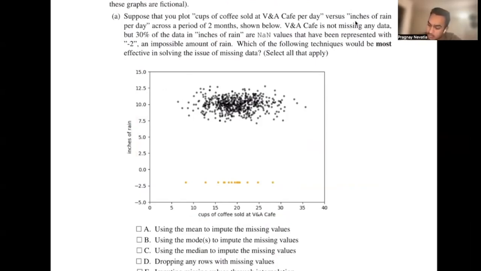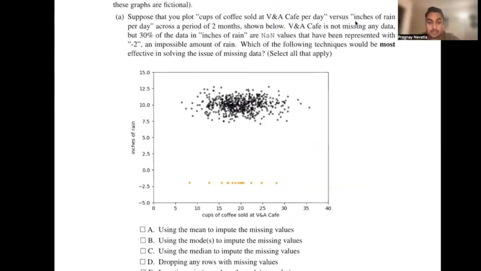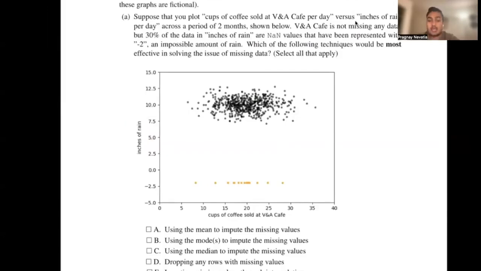The first thing that you should always do here is to create a distribution of the variable that has some missing data. So for example, this looks like a roughly symmetrical distribution. So I'm just going to draw a Gaussian kind of thing here, centered at 10. You can be more systematic, and because you have access to data, you can actually draw the Gaussian as a data scientist. But here I'm just going to approximate it as a Gaussian.